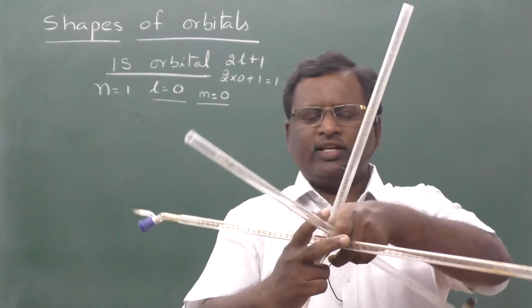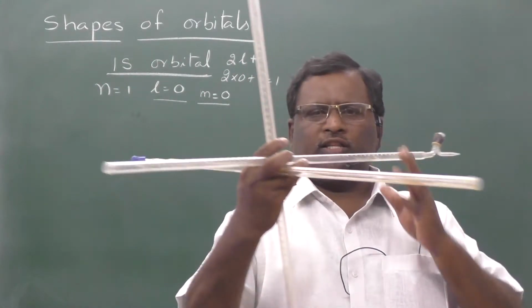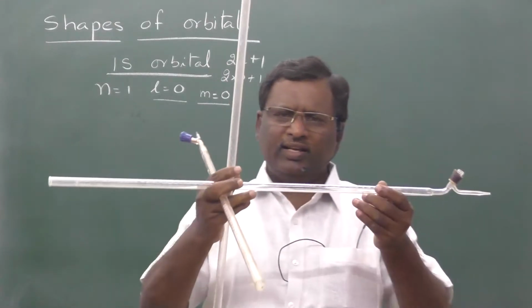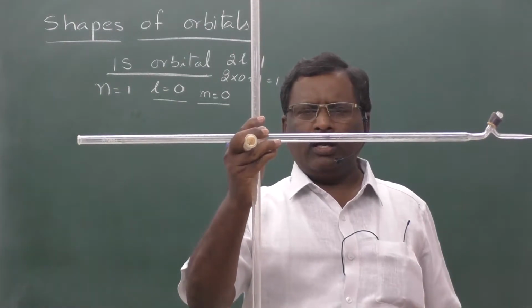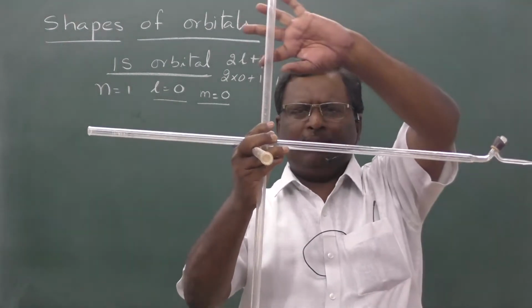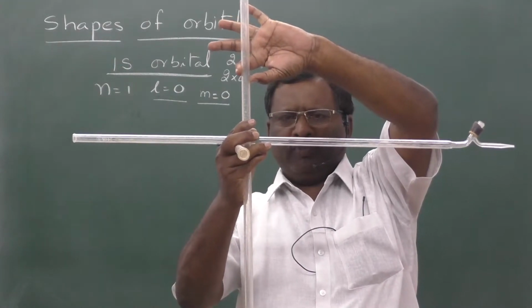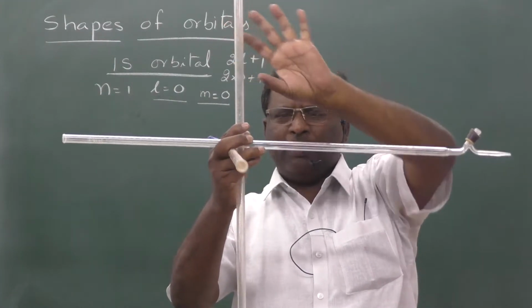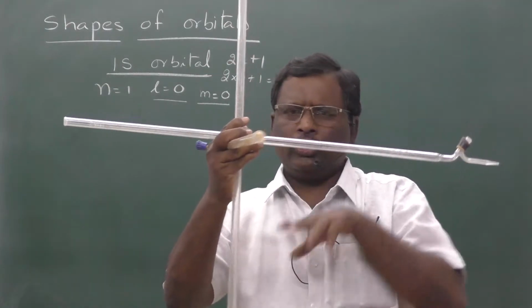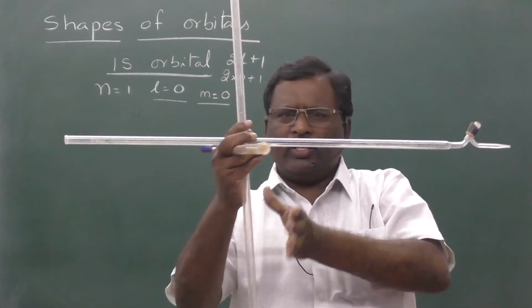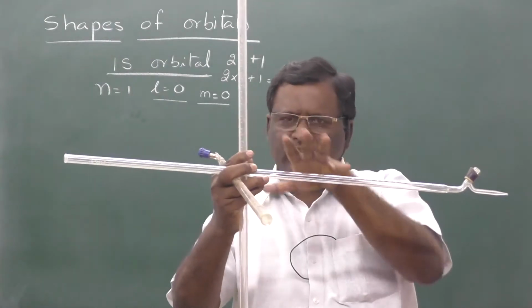We already discussed that we consider the position of the electron along the three coordinates, x-axis, y-axis and z-axis. If you observe the radial probability of an s orbital, suppose in this area you find the probability in a certain amount, the same in this area, this area, and this point, along all three coordinates, its position is same.